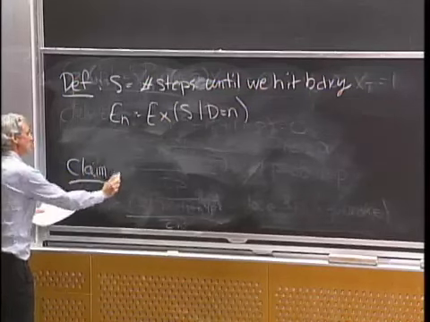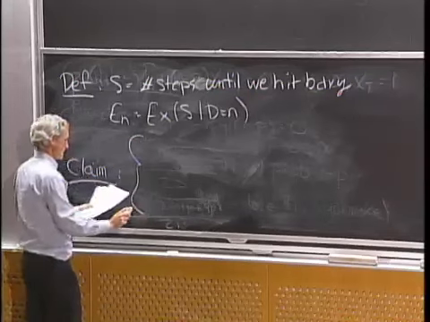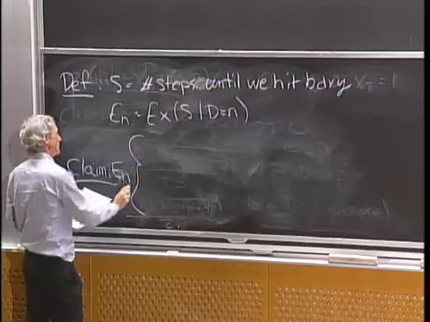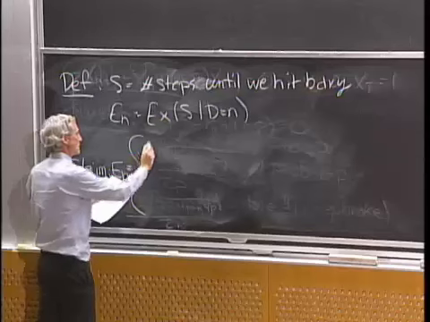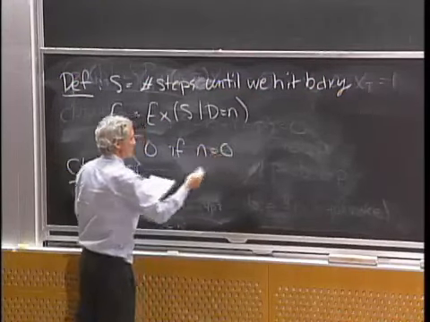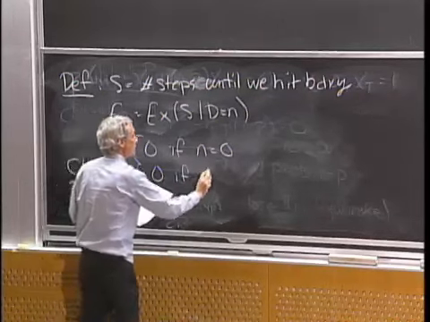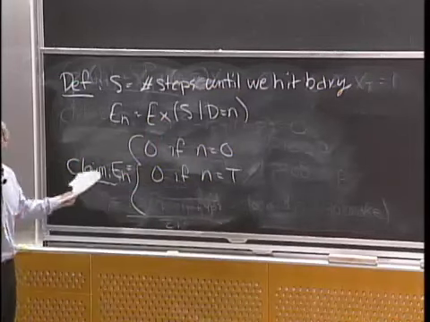Now, this also has a recurrence, and I'm going to show you what it is, then prove that that's correct. So I claim that the expected number of steps given we start with n dollars is 0 if we start with no money, because we're already broke. It's 0 if we start with t dollars, because then we just go home happy.